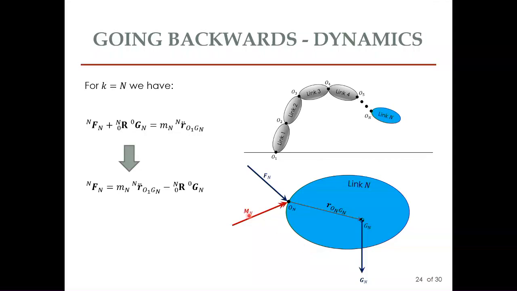We have Mn and Fn, the moment and the force applied on this link by the previous link, link n minus 1. These are going through this joint. By the way, one of the components here is either tau k or 0, one of these three.